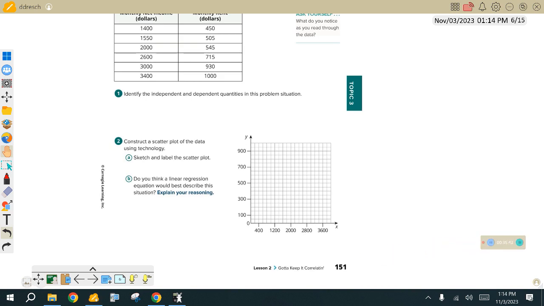Okay, 1400. Go find 1400 now. Oof, the scale is a little odd. Okay, as I look at this scale, I got 400. I got to mark the 400. This is going by twos, by 200. So 200, 400, 600, 800, 1000, 1200.